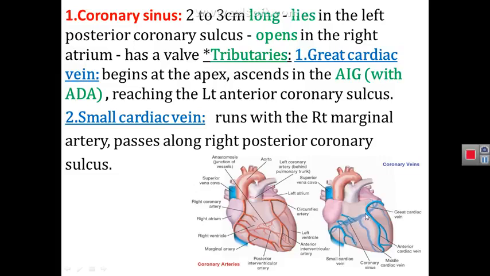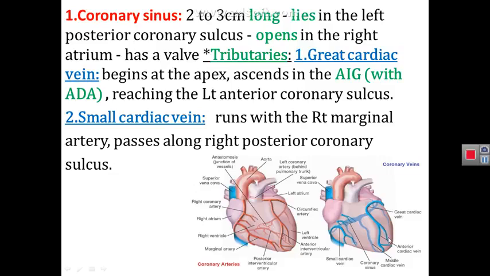This large vein, the coronary sinus, receives many tributaries, including number one, the great cardiac vein, which runs in the anterior interventricular sulcus with the anterior interventricular artery. This is the first tributary of the coronary sinus.